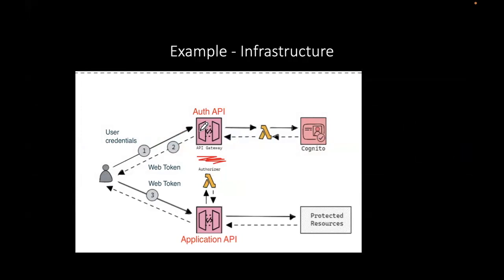They're both just web APIs, and we've seen already how to create a web API in the to-dos example. What we do need to look at though is the lambdas that are here and how they interact with the Cognito service. We also need to look at this lambda here.